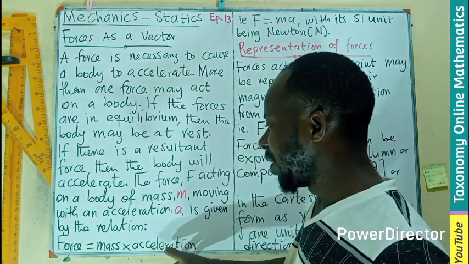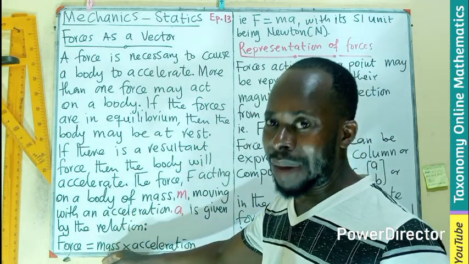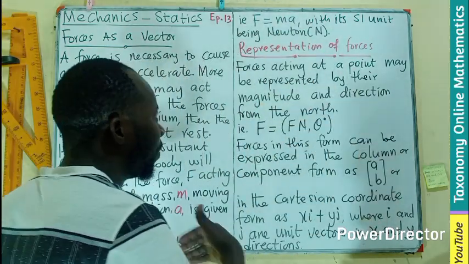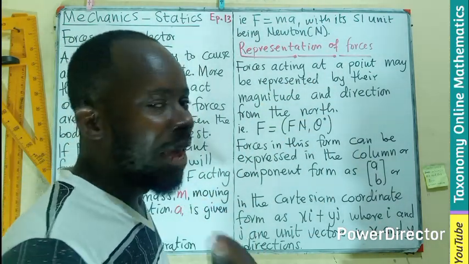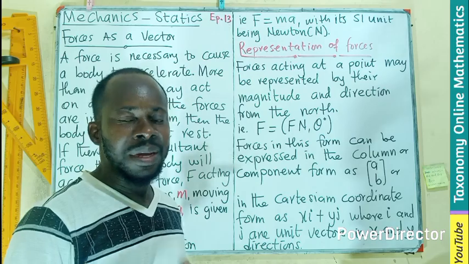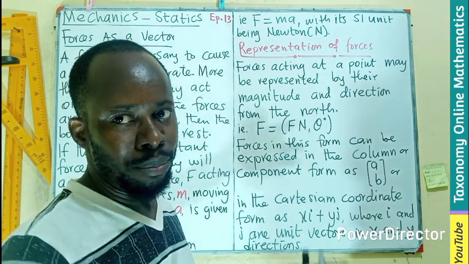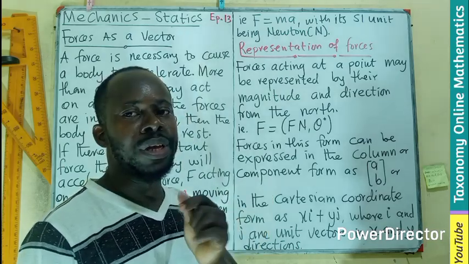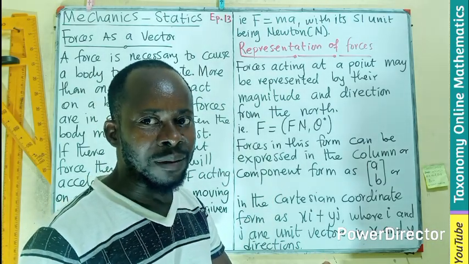The acceleration due to gravity times the mass will give you the force. So the force is just m times what? a, where m is in kilogram and a is in meter per second squared. Both combined give you the SI unit of force, which is Newton, capital N.